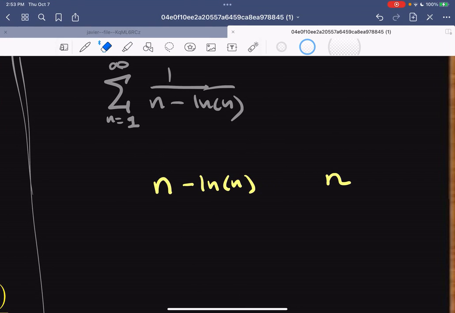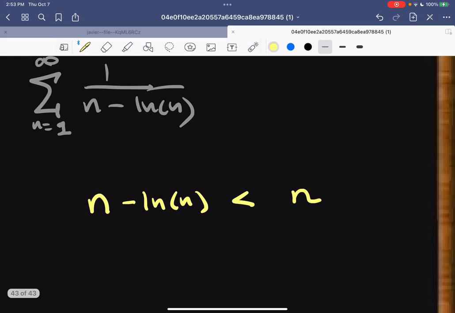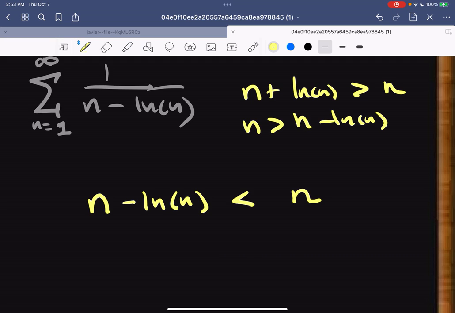That has to be smaller because you took something away from it. Or you could do it the other way around. You could start off with: n plus ln of n is definitely greater than just n, so therefore n is greater than n minus ln of n. You could do it that way too.